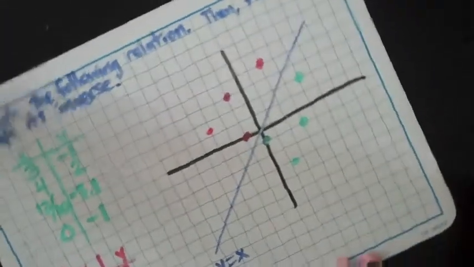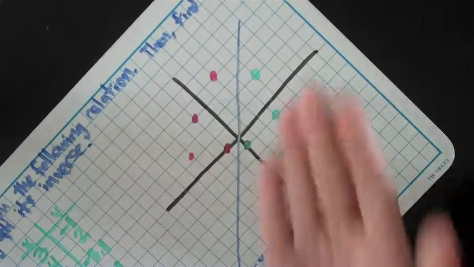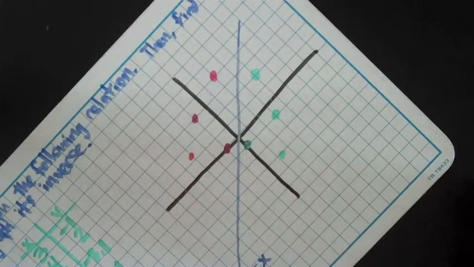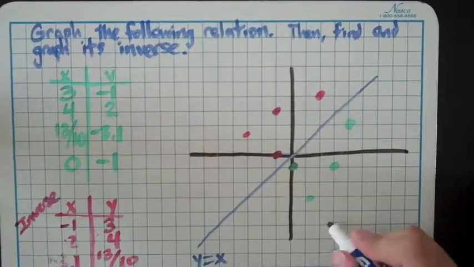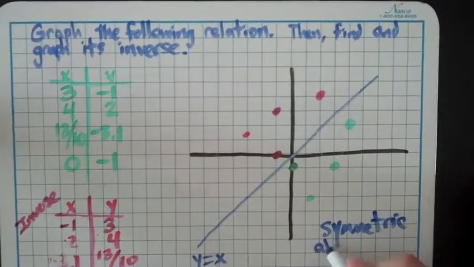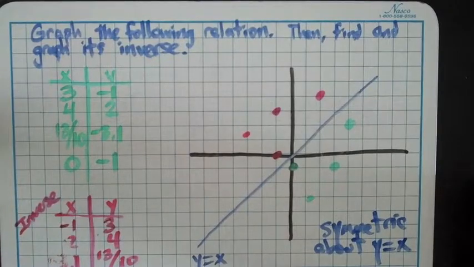Notice, if I tilt my picture right here, it's the same thing on both sides of this line. The green side and the red side, the regular and its inverse, are symmetric around that line. That's actually worth noting. So they're symmetric about the line y equals x. So there's symmetry going on there.